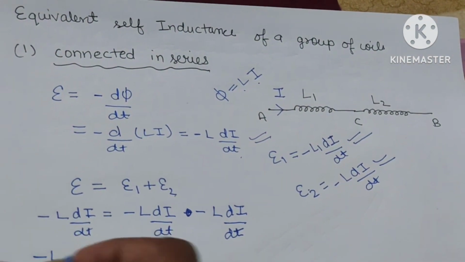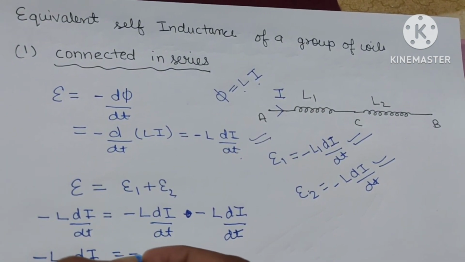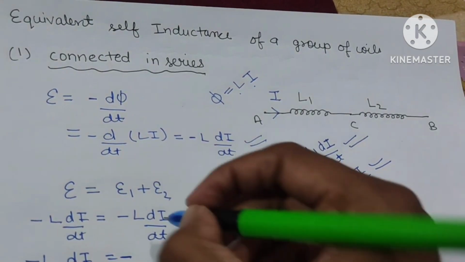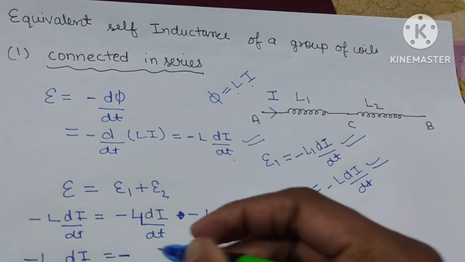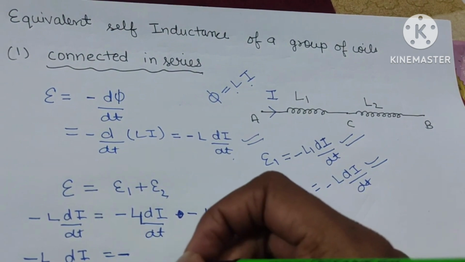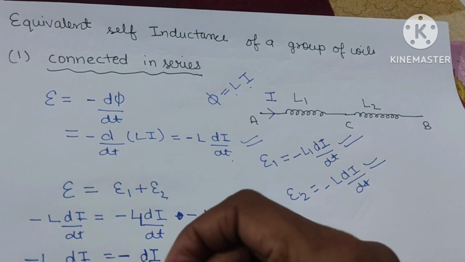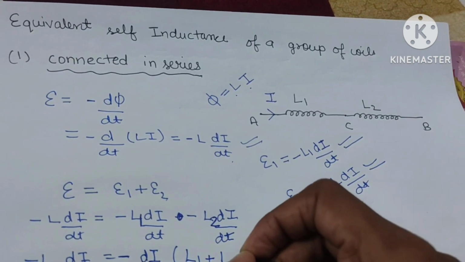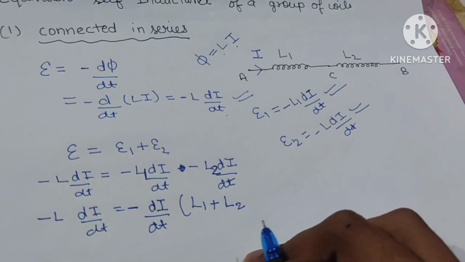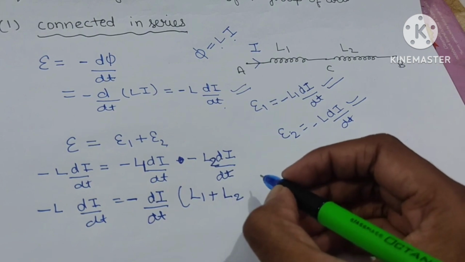Now take the minus and di/dt as common, so it becomes L1 plus L2.